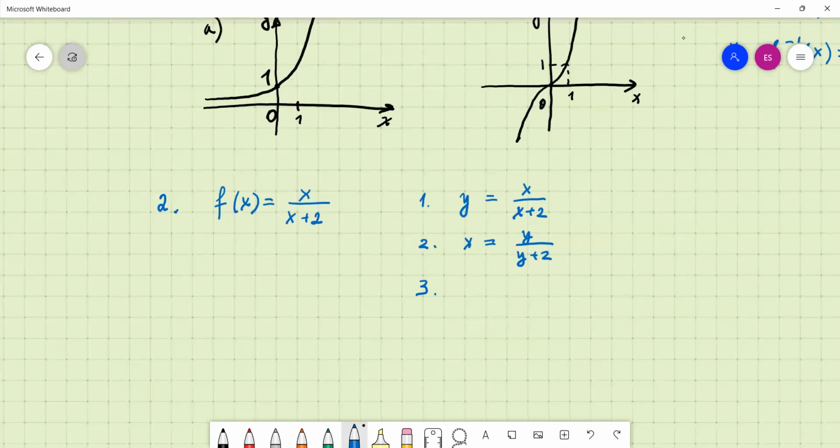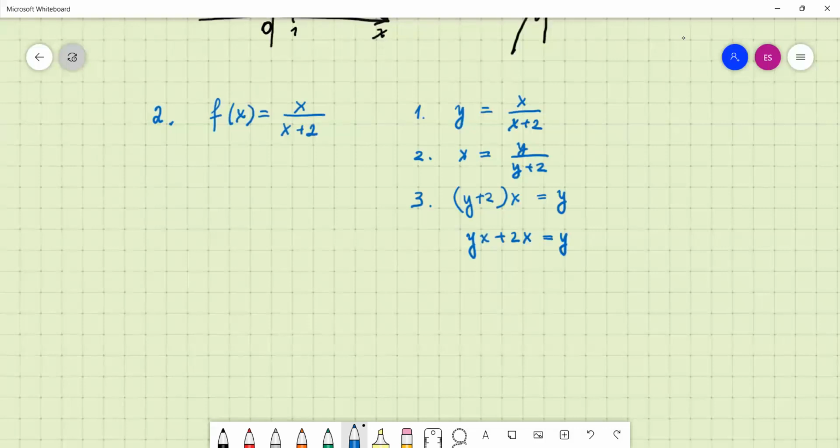Step number 1 for a fraction is to bring it to a common denominator. So here y plus 2 is missing, right? I'm going to multiply by y plus 2 on both sides, getting this. Step number 2 is to open parentheses: yx plus 2x equals y.